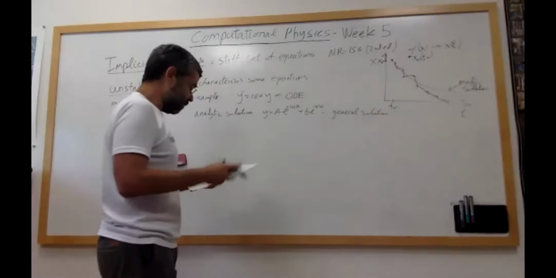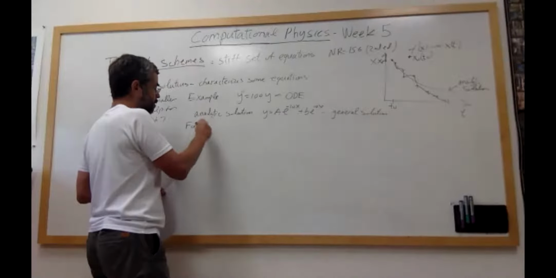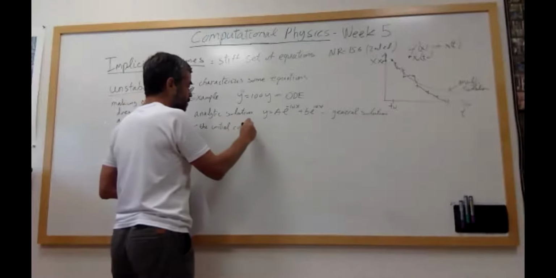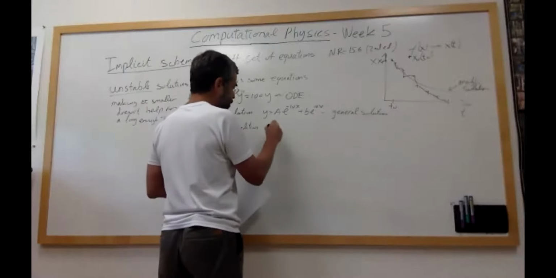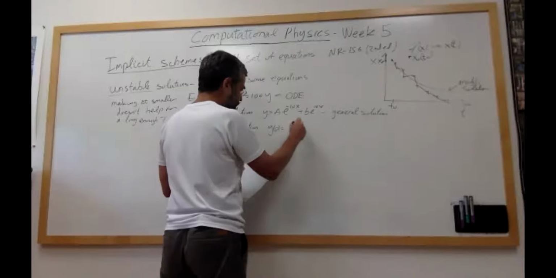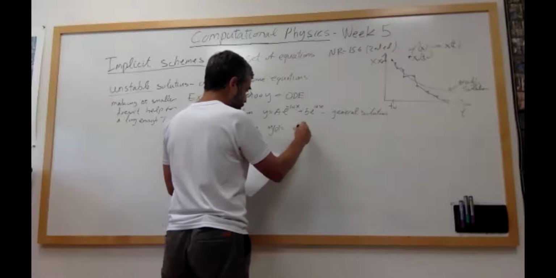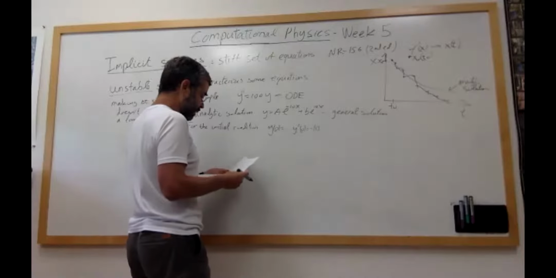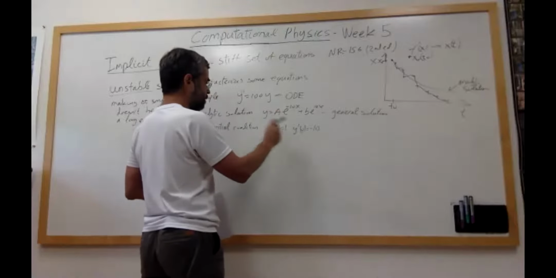Now, if we take a given initial condition that y of 0 is 1 and y dash of 0 is minus 10, then, sorry, this is 1.